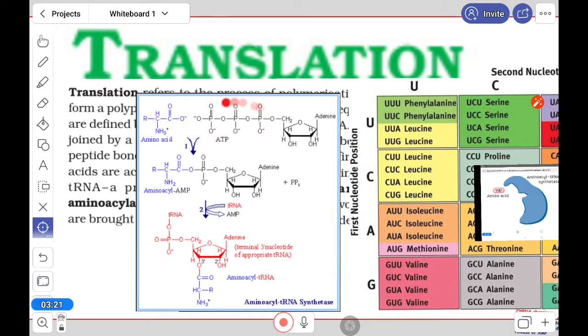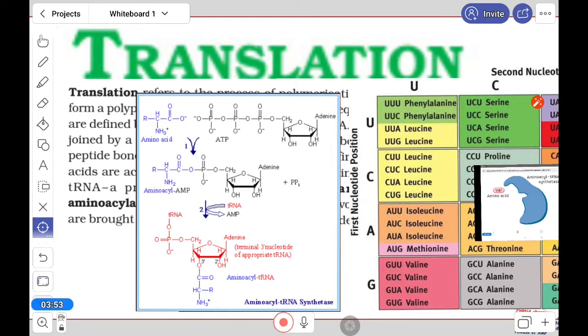Here is the adenosine triphosphate. This process requires energy, here the ATP. When ATP joins, it forms aminoacyl AMP, adenosine monophosphate. The pyrophosphate is ejected. Then after that it joins at the free end of the tRNA. Okay, the free end of the tRNA.